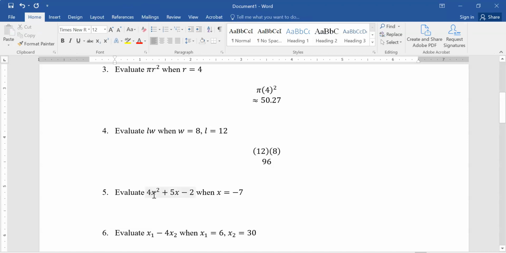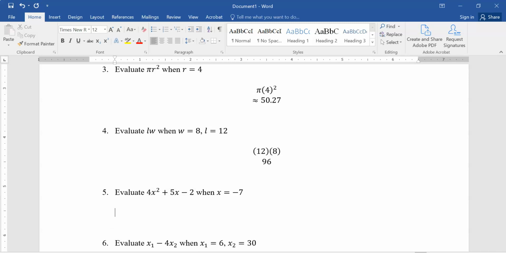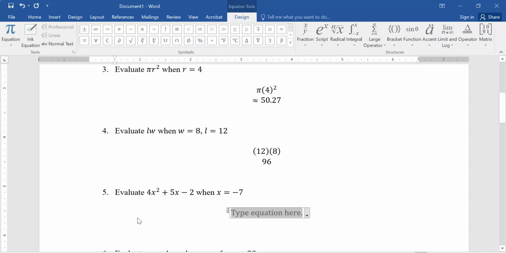Here, 4x squared plus 5x minus 2. When you plug in something, especially when we're dealing with squared stuff, be really careful that when you plug in, for instance, this -7, the caret 2, which you're going to put on your calculator, is outside of the parentheses.